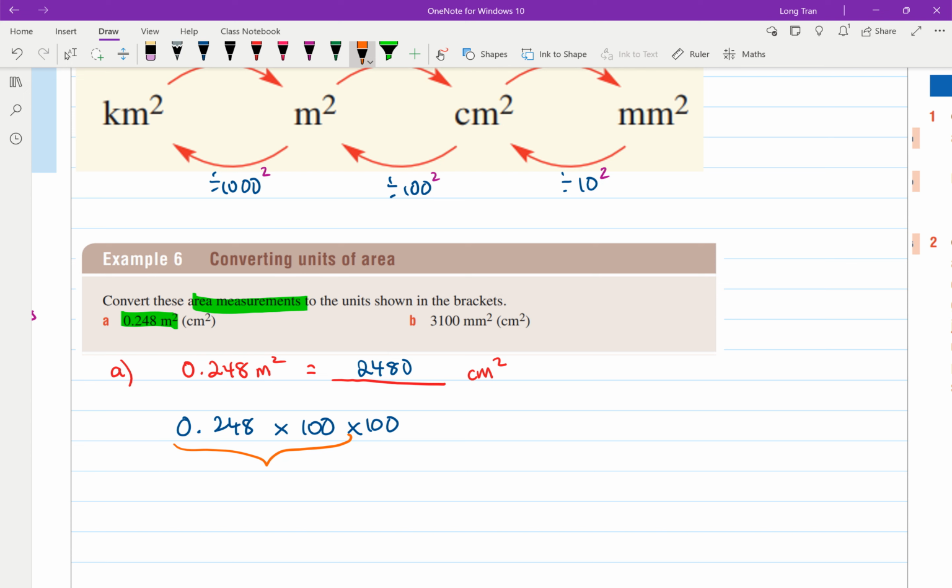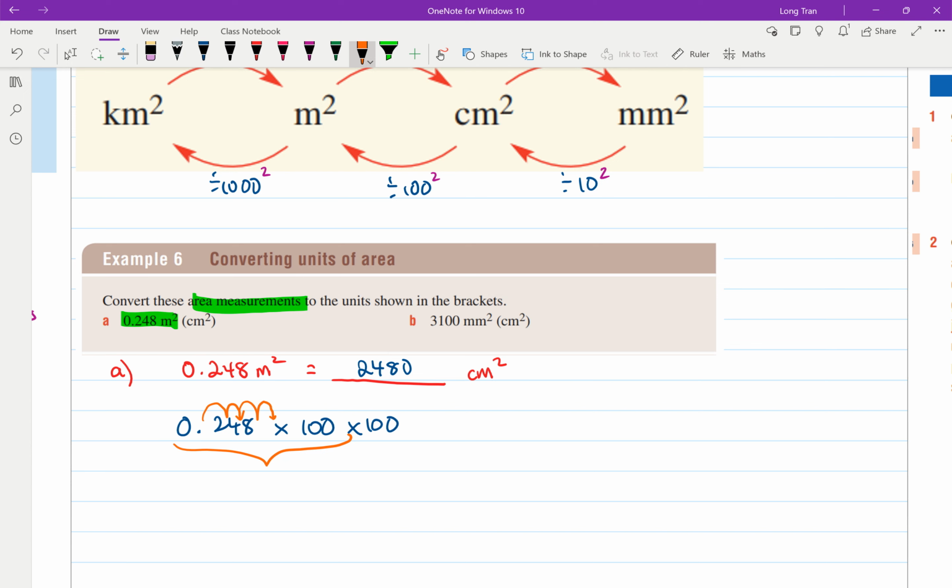So 0.248 to the right or to the left? Right, to the right, because it's getting larger. When you're timesing, it's getting larger, so the value should be getting bigger. When you're dividing, it should be getting smaller. So we're moving to the right by 2 spots. But remember, it's timesing by another 100, which is why we move another 2 spots, 1 and 2.